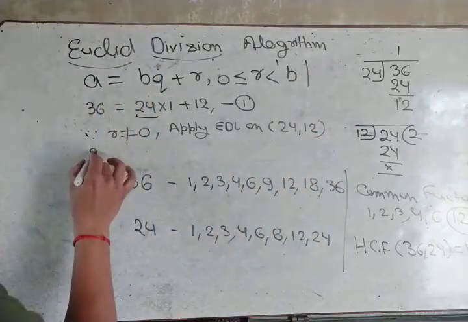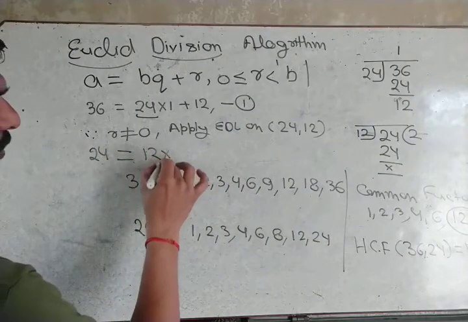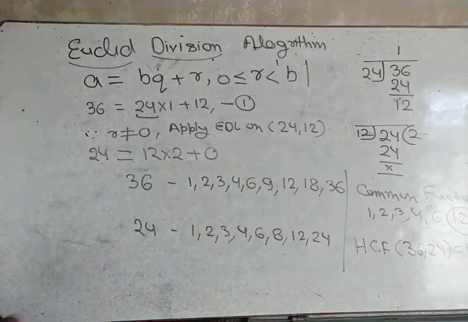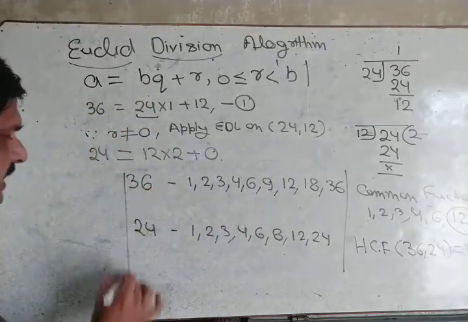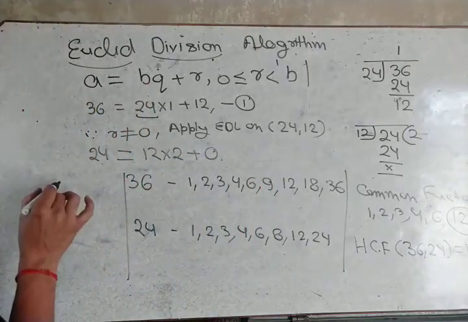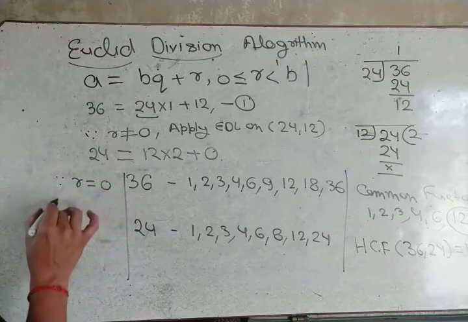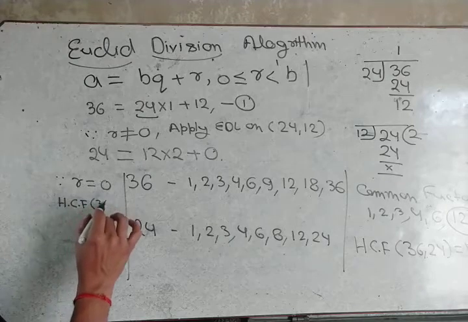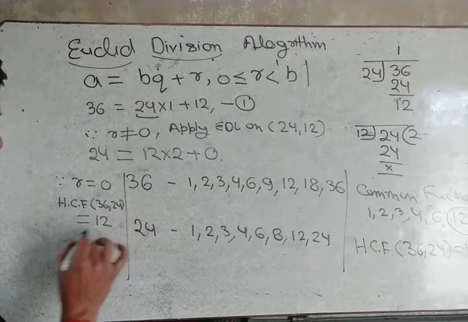We will get 24 equals 12 into 2, and this time R equals 0. Since remainder equals 0, HCF of 36 and 24 equals 12.